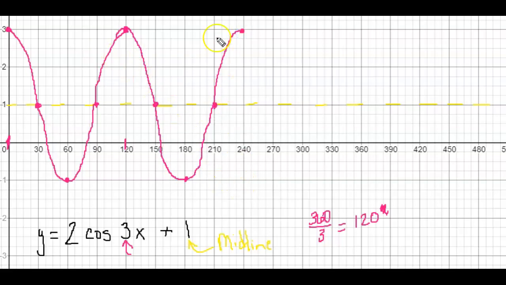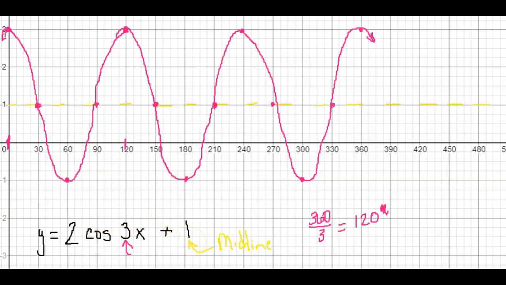And so now we have 2 full cycles, and it looks like I have plenty of room, so I could keep going down to the midline, down to the minimum, back up to the midline, back up to the top, and we just continue on that little wave cycle. And so this would be 2 times the cosine of 3x plus 1.